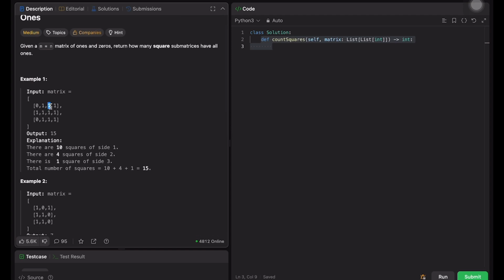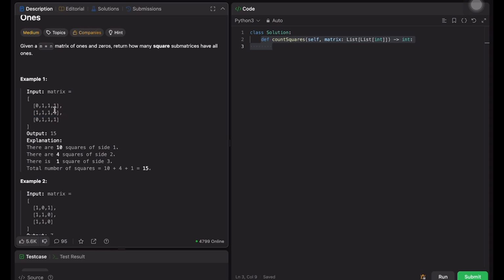If you take any value in a 2D array and it is 1, that contributes to 1. If we have 4 values like this, 2 cross 2, which consist of full ones, then that contributes to 1 square.